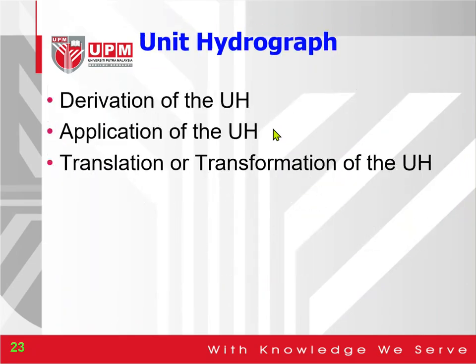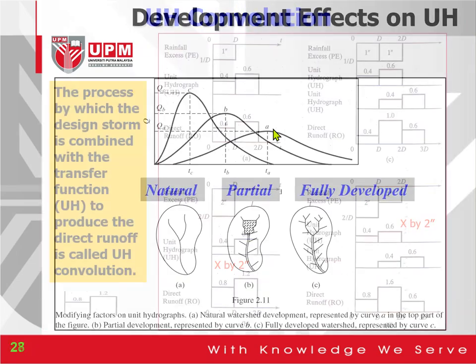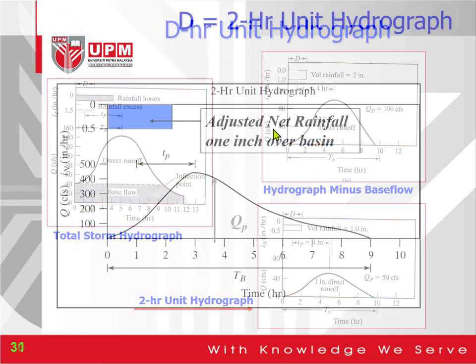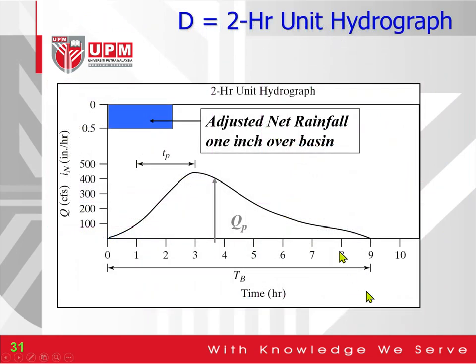I have already explained what the unit hydrograph is, so I will give you another explanation of how we can draw the unit hydrograph so that you will not be confused again. Just look at this plot first.